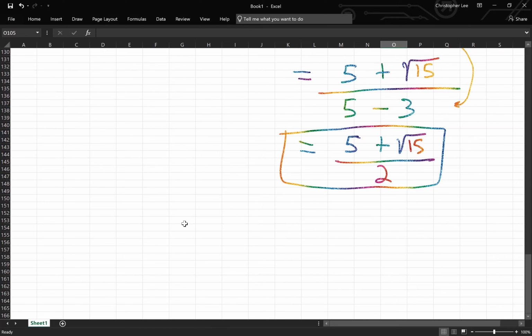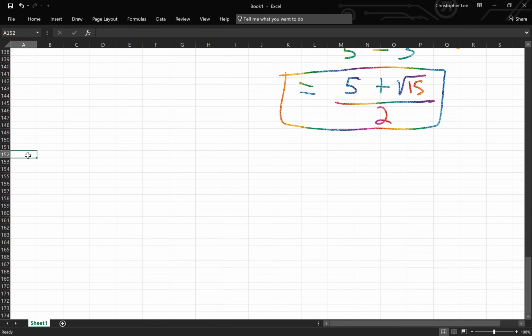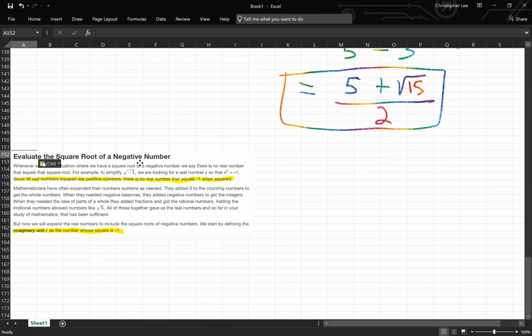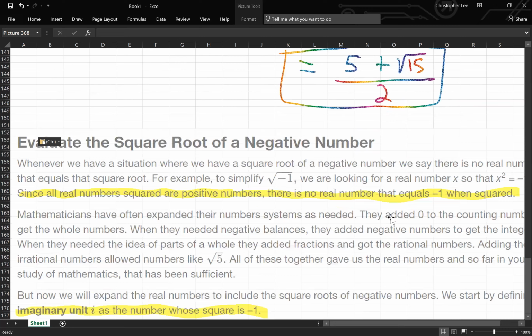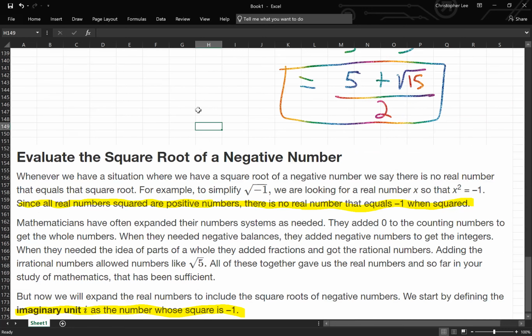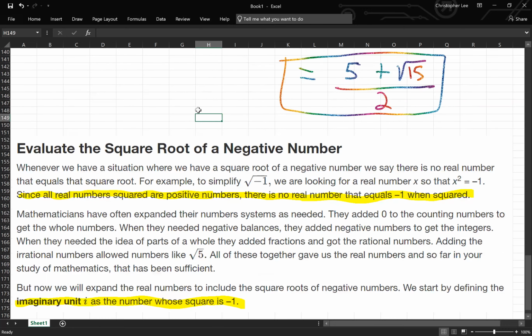So all right, let's look at what we're getting into today. This is gonna be lit. So we're ripping the Band-Aid off today. We're about to evaluate the square root of a negative number. This whole time I've been lying to y'all, telling you that it's not possible. Well, it is.